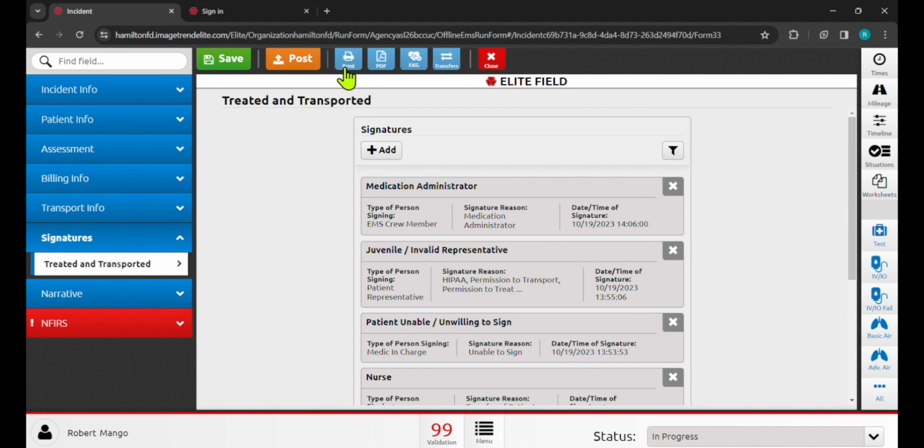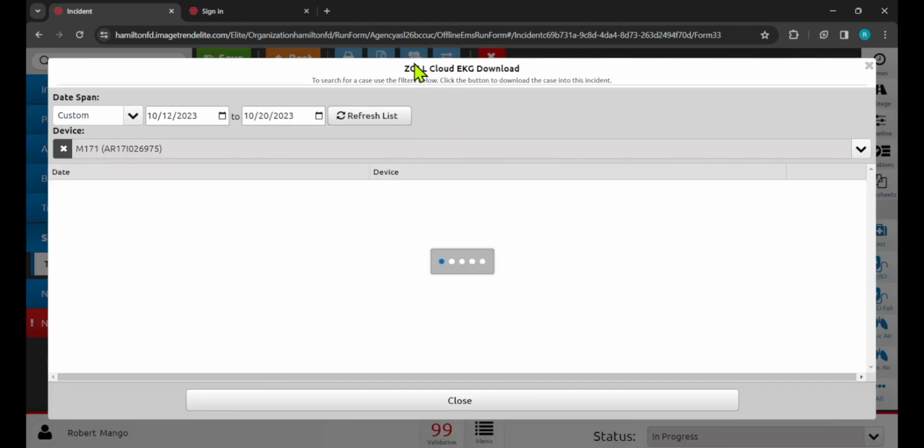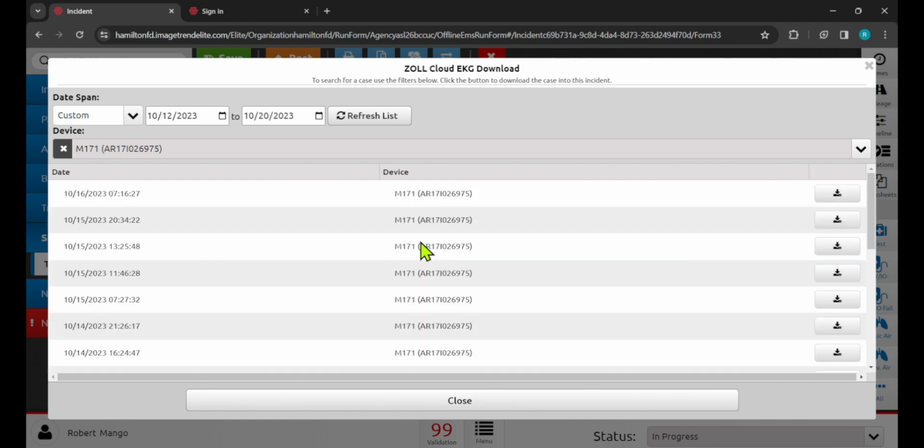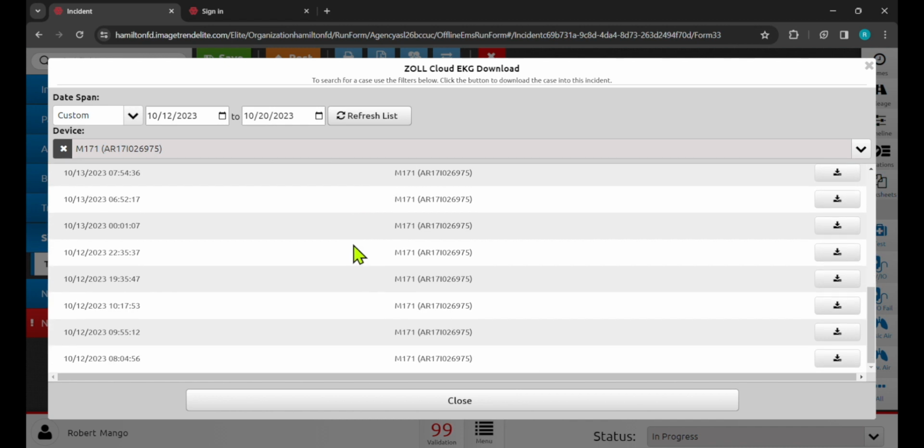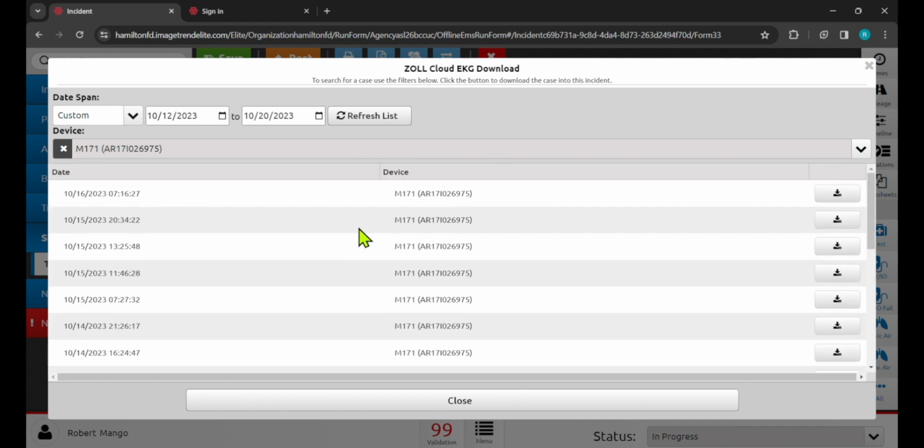You shouldn't have to worry too much about print or PDF, but EKG, this is the big one. If you open up EKG, these are all the vital signs that have been transmitted to the cloud for downloading into your EMS report.